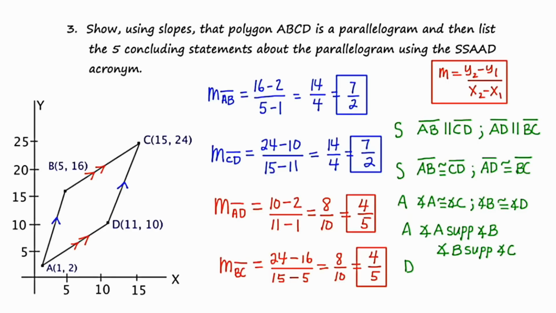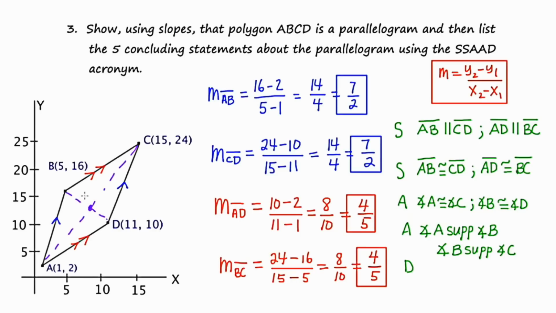And finally, the D stands for diagonals. So I'm going to go ahead and draw those diagonals in so we can make our final statement and be done with this video. Now I don't know if you can tell, but I'm having some serious pen issues. It's getting really wonky on me.